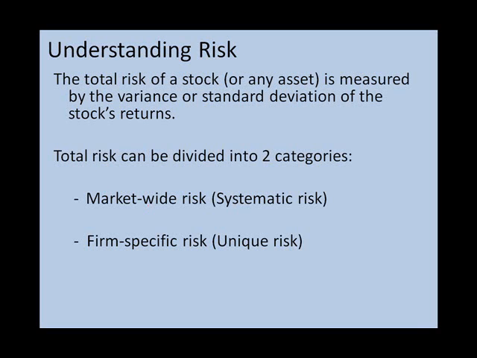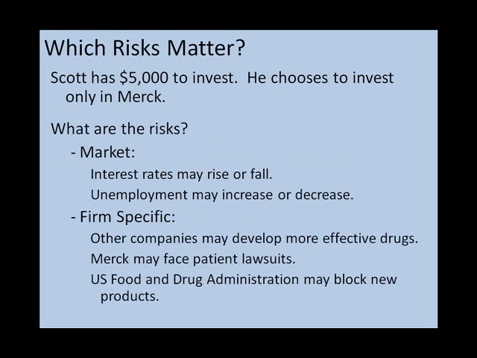Market-wide risk would include unemployment, interest rates, natural disasters, whereas a lawsuit against a firm would be an example of a firm-specific risk. Bugs in the codes of a computer company would also be a firm-specific risk. The question is, which of these risks matter? Or do all of these risks matter?